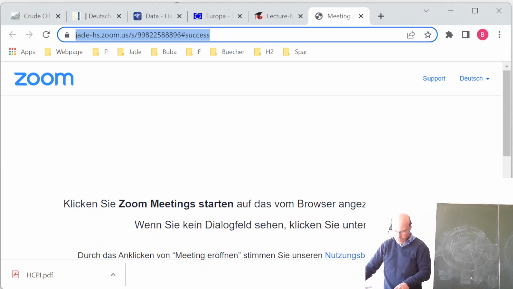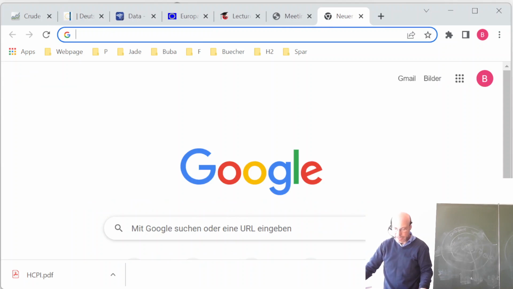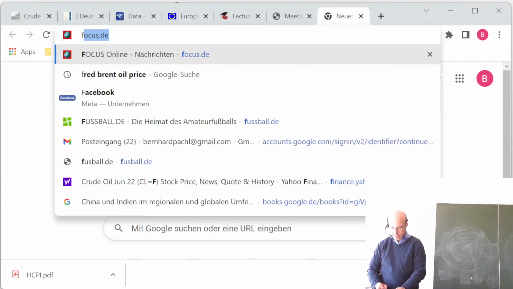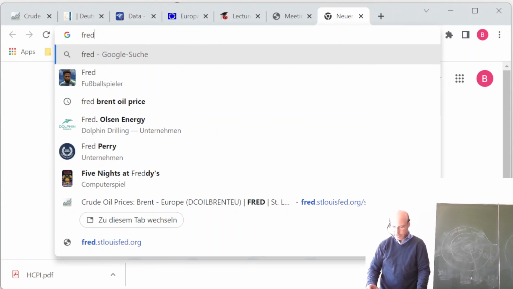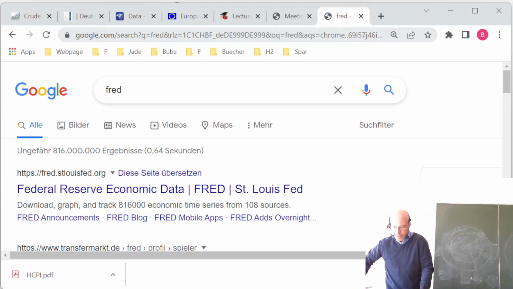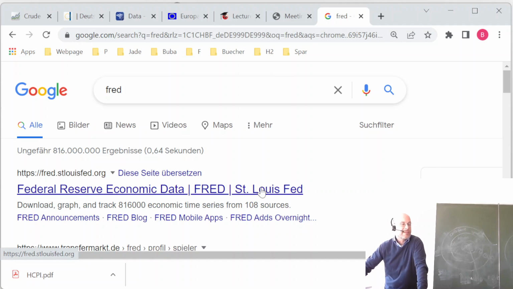And how do we get these oil prices? There you have to go into the data and think about where can I get the data. One really good source for macroeconomic data is the so-called FRED, Federal Reserve Economic Data from the Fed in St. Louis.